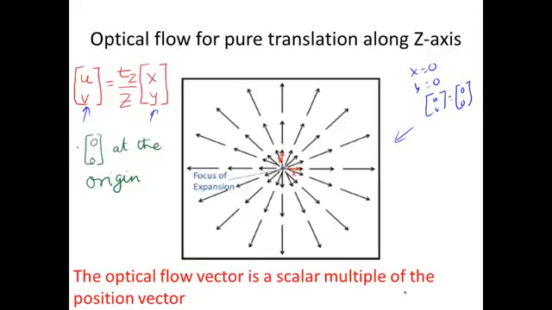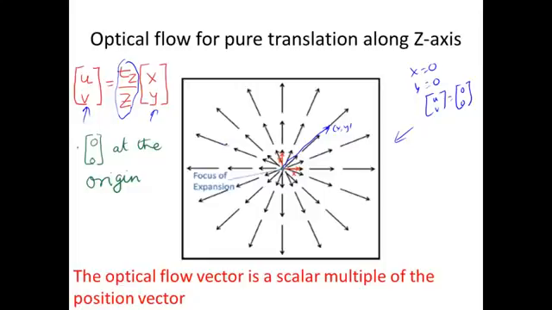The optical flow vector is a scalar multiple of the position vector. This has a very simple meaning. This means that if I have a point (x, y), there is essentially the position vector which is drawn here in blue, and the optical flow vector at the location (x, y) is in the same direction, scaled by some factor, and that factor is Tz upon Z, but it points in the direction of the position vector (x, y).